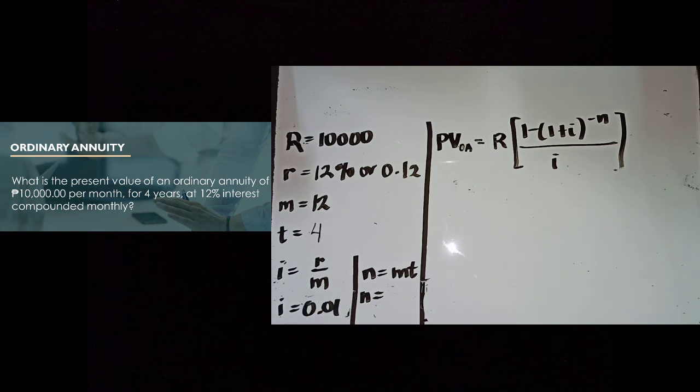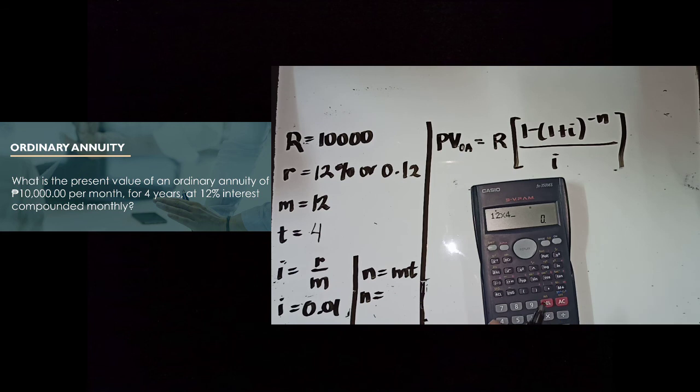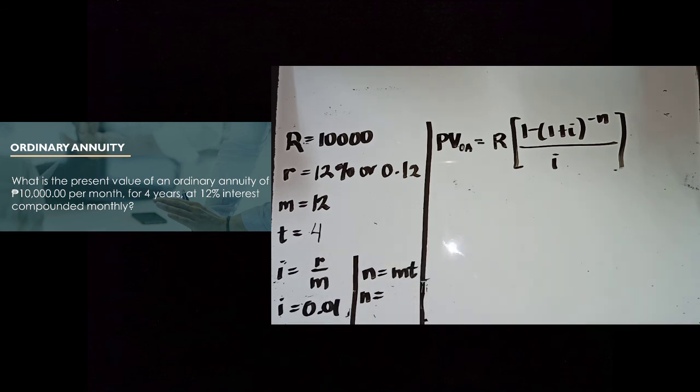Okay? And the value of your N is just multiply the M and T. So, multiply lang natin si M and si T. M natin is 12. Multiply by T, which is 4. So, 12 times 4 is equal to 48. Ang N natin is 48. Okay, so ngayon, i-substitute lang natin siya dito sa ating formula para makuha natin si present value of ordinary annuity.